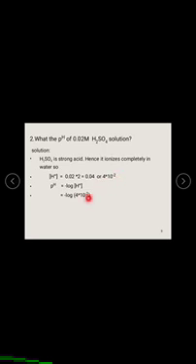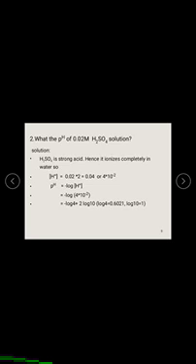Here also it is in the log m into n form, and again we use the log m power n principle. Log m into n is log m plus log n, so minus log 4 minus log 10 to the power of minus 2.